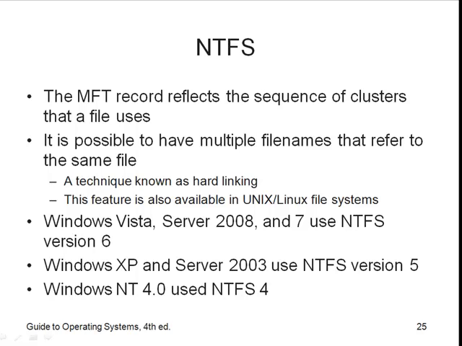Windows XP and Server 2003 use NTFS version 5, an earlier version of NTFS, while Windows NT 4.0, which originated this whole NTFS file system to begin with, uses the original release, NTFS 4. Each one of these releases, 4, 5, and 6, have brought about new utilities and new methods of securing data. So each version is more and more granular.